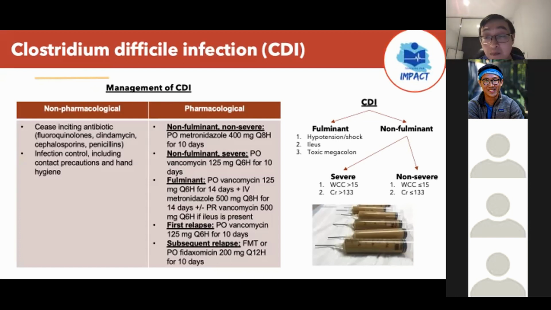And so we placed the patient on another antibiotic called fidaxomicin for 10 days, and that did the job. So if the patient is refractory or has relapsed, then the first line is fecal microbiota transplant. If that's not available, then we use fidaxomicin.